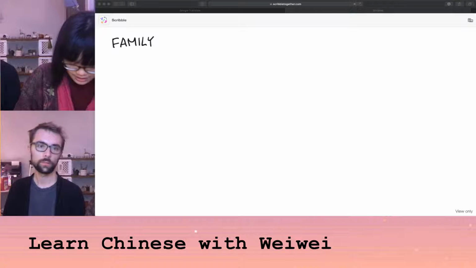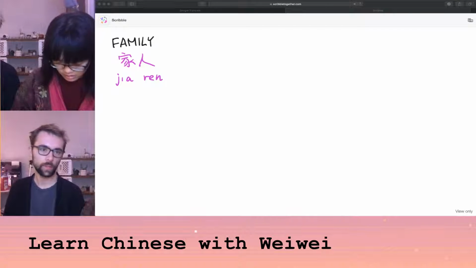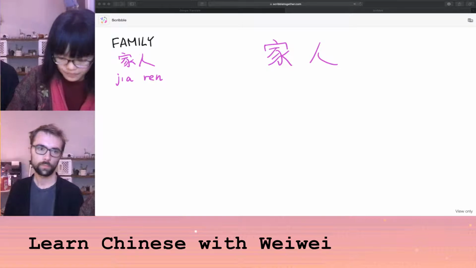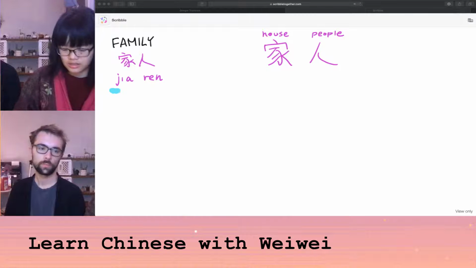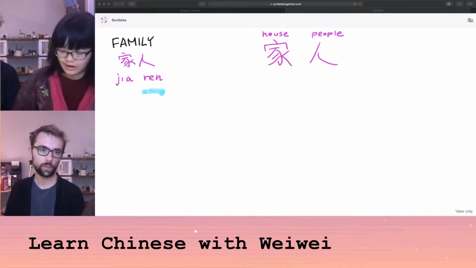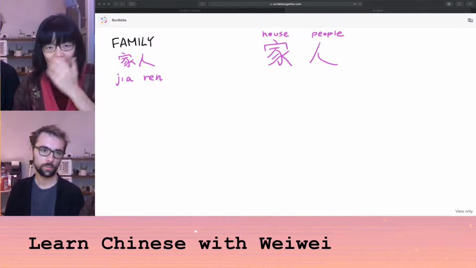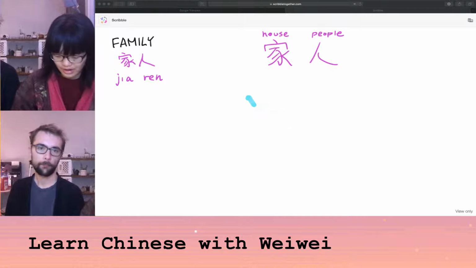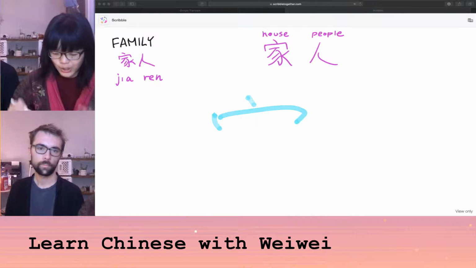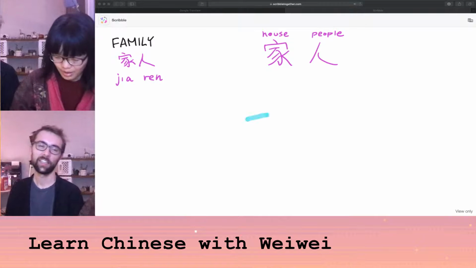Family in Chinese is very straightforward. Jia is house and ren is people. So jia means house, and ren, people. There's a roof on the top here, and the roof over a pig.